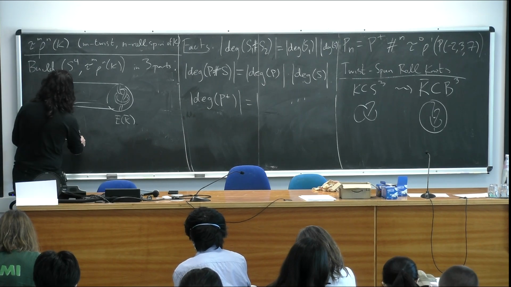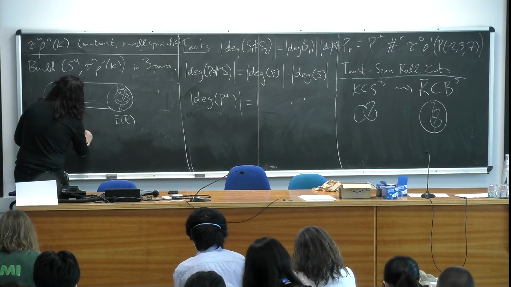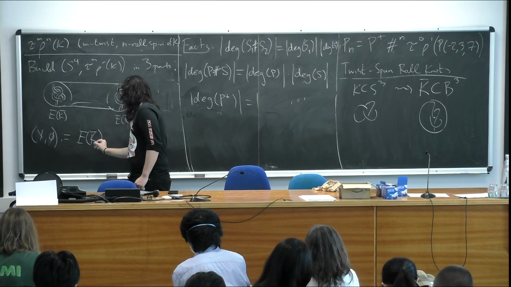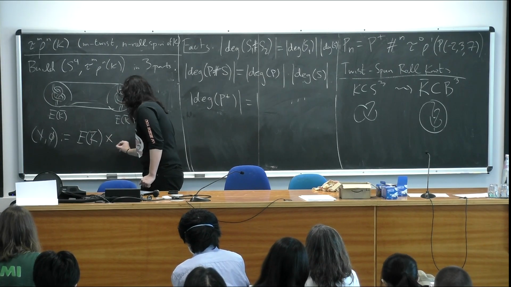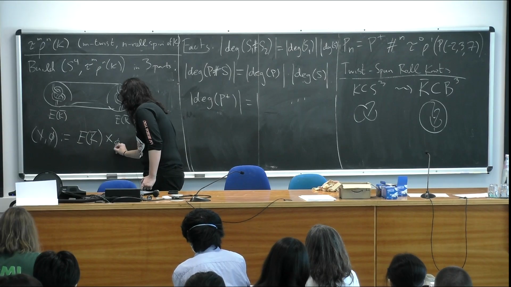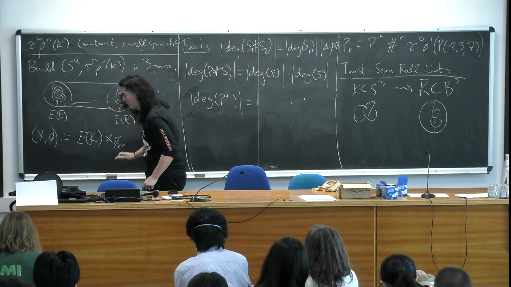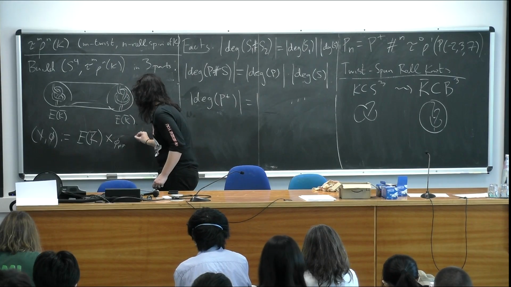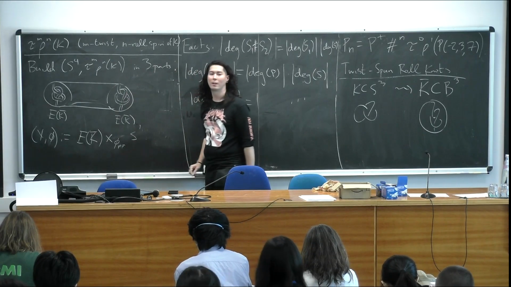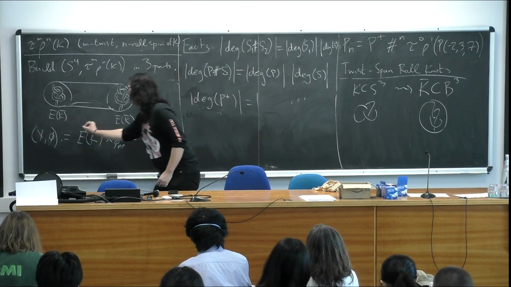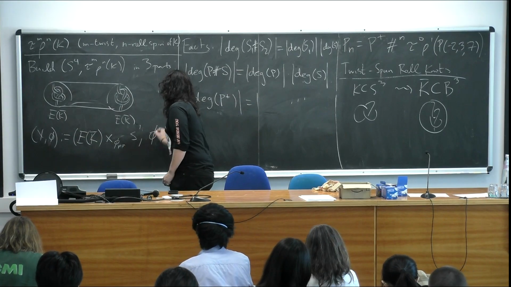So as pairs, this is the exterior of K bar. I'm going to write it this way, just for shorthand. This is the mapping torus with respect to a certain involution, phi mn, over S1. So I'm thinking about it as a twisted bundle over S1. All right, comma, empty set.